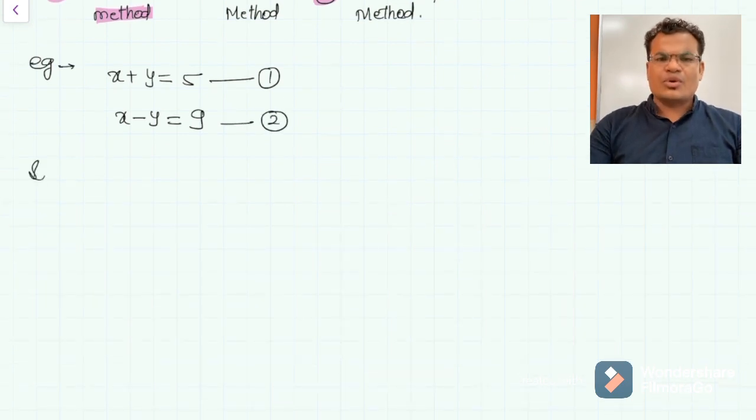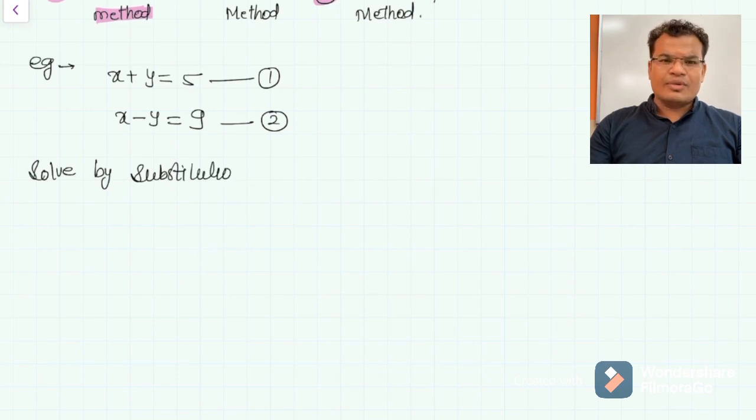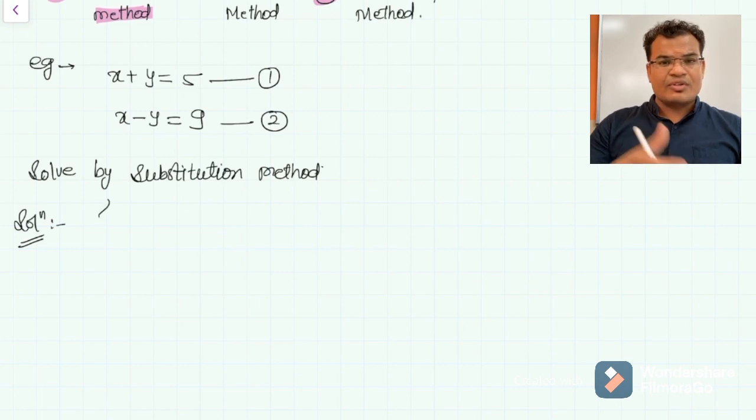Now guys, we are solving this linear equation in two variables by the substitution method, the first method. So we'll take equation number 2, x minus y equals 9. In this case, minus y will come to the right hand side and become plus y.